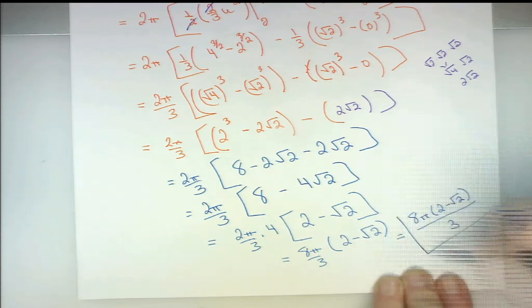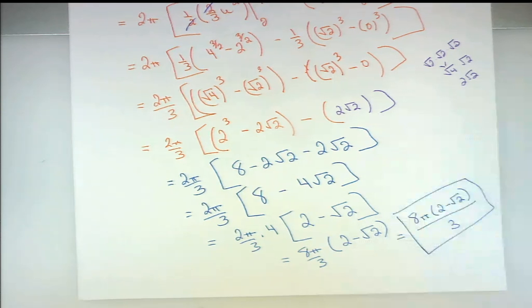So that's one way to give it as a single, or single closed, 8 pi times parentheses 2 minus the square root of 2 divided by 3.